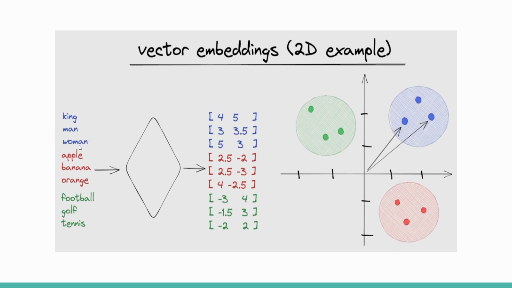If you see here, king, man, woman appear in the same cluster. Then apple, banana, orange appear in another cluster, and football, golf, and tennis appear in another cluster, because this is related to a person, this is related to fruits, and this is related to sports. That's why the clusters are different.